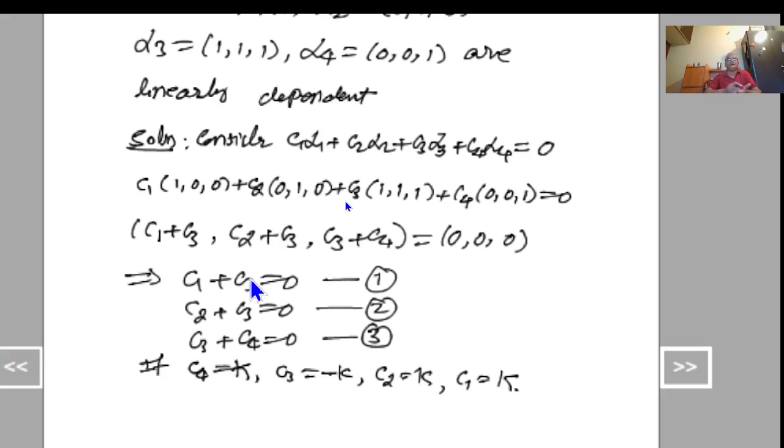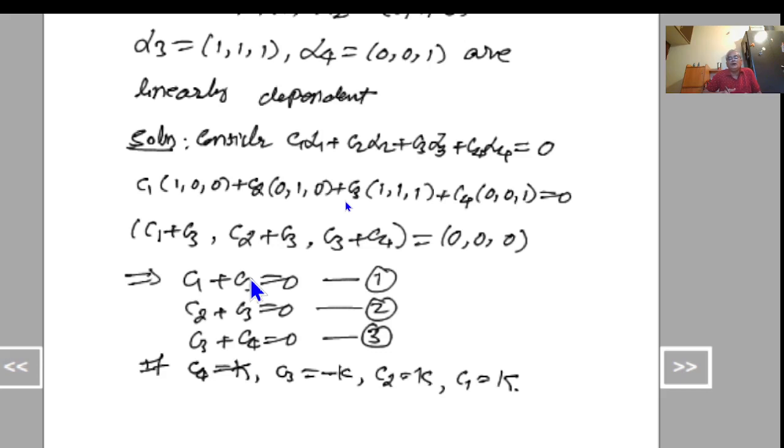In particular, if I take K equal to 1, then C1 equal to 1, C2 equal to 1, C3 equal to minus 1, and C4 is equal to plus 1. So that means the scalars are non-zero. All the scalars are not equal to 0; at least one scalar is non-zero.